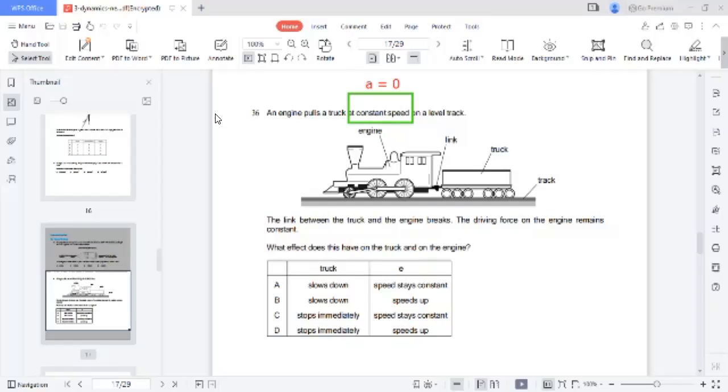So the question is, when this link breaks, this is the portion of the engine, and this one is the truck portion.